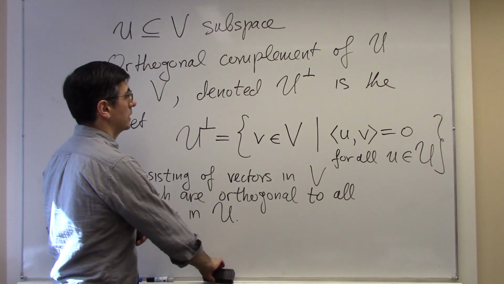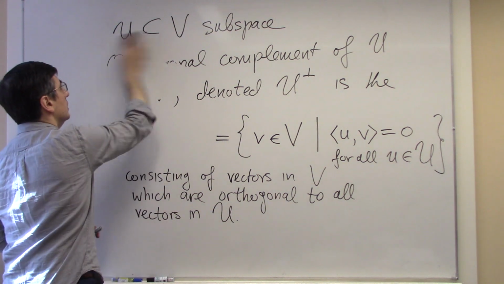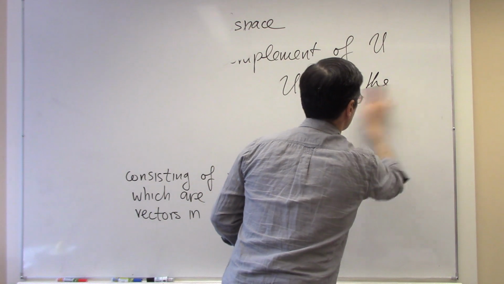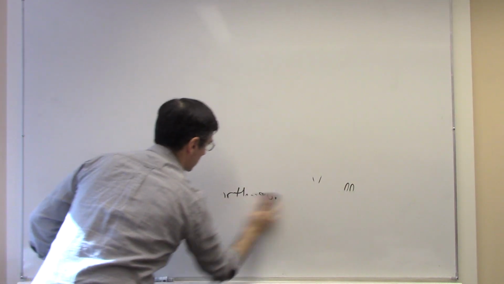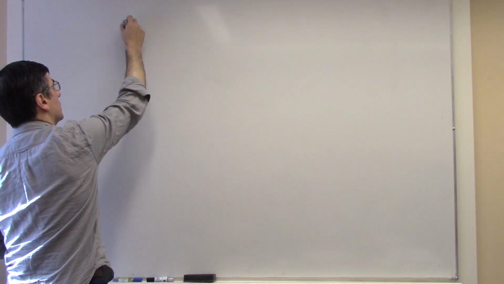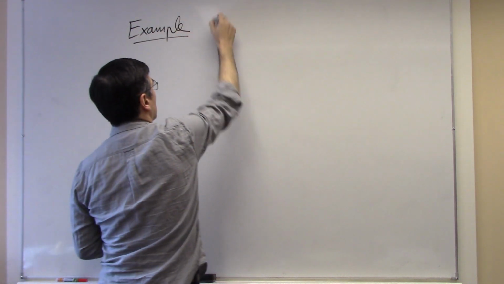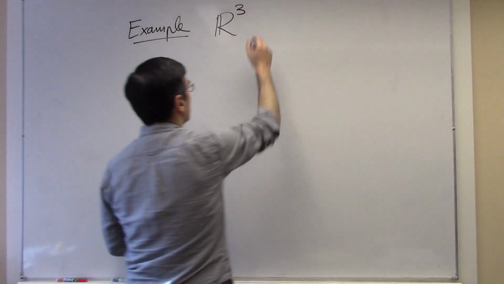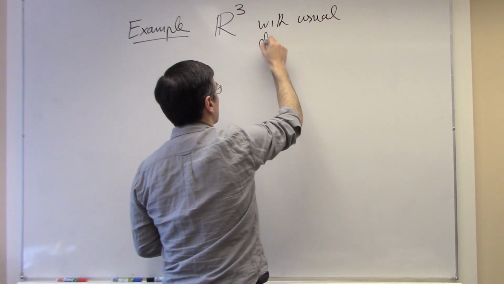All right, so let me draw a picture of what this looks like. So suppose we are in Rn. Example, we are in let's say R3, so that I can draw a picture, with usual dot product.